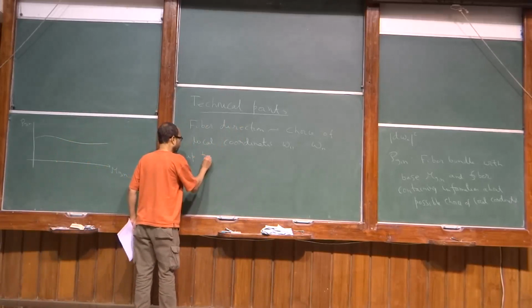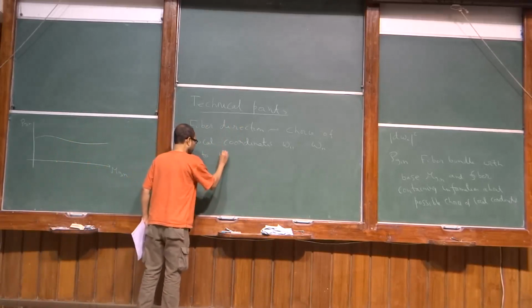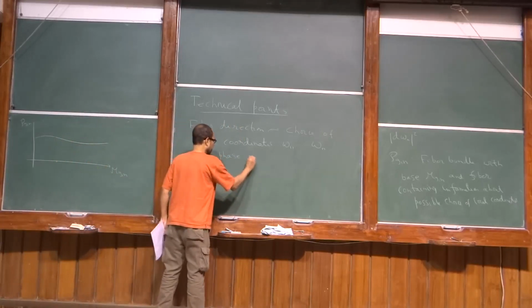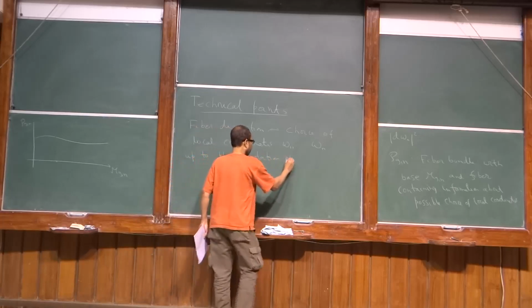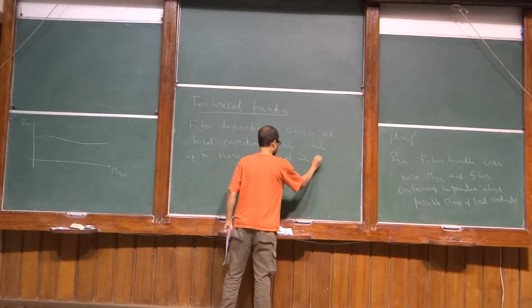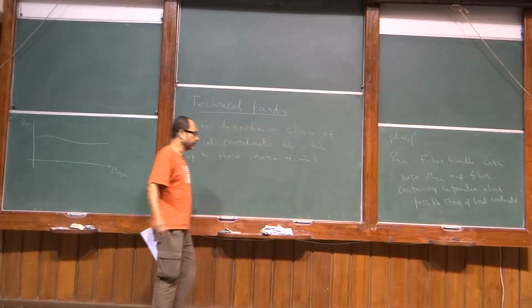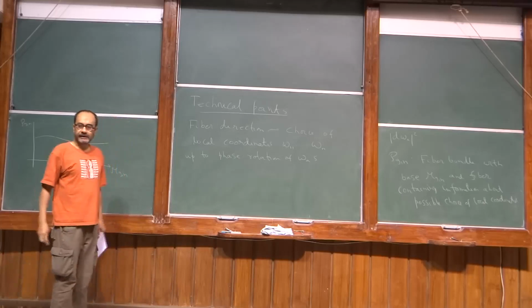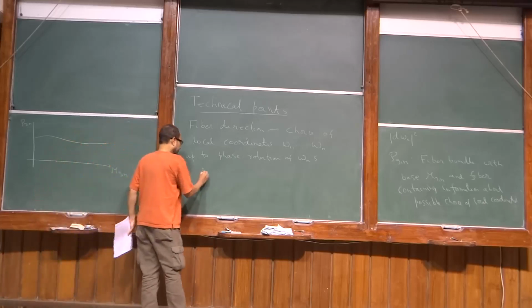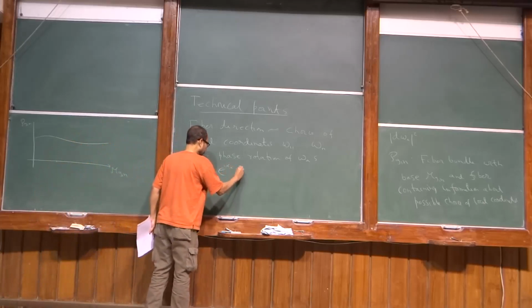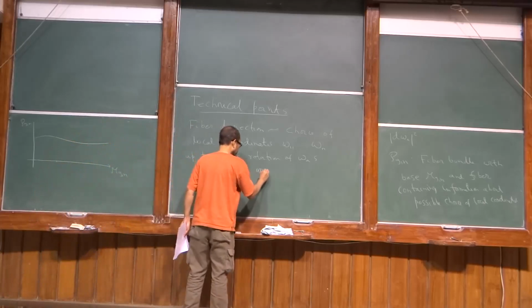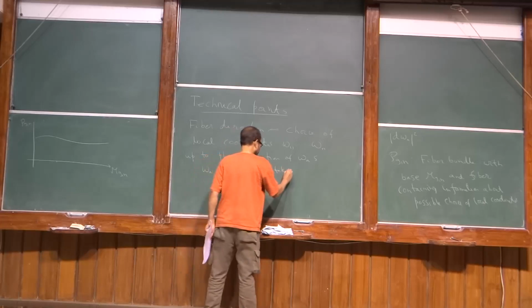This is the choice of local coordinates up to phase rotation of w_a, which means that a choice w_a and e^{i alpha_a} times w_a are taken to be equivalent.